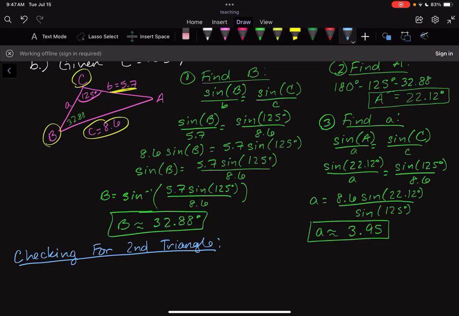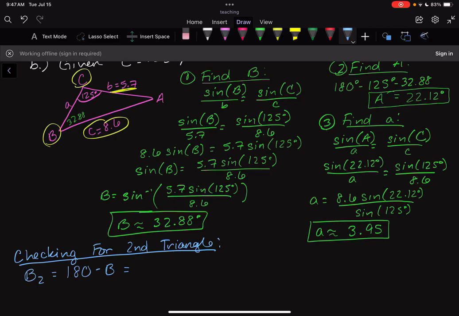So to find a possible second B, here's what you do. Hold on, let me figure out how I want to write this. Right now, my second B that would be possible, I'm going to do 180 minus the first B that I found.